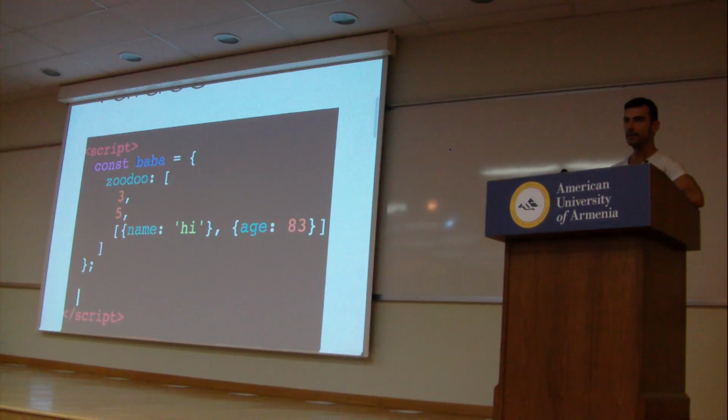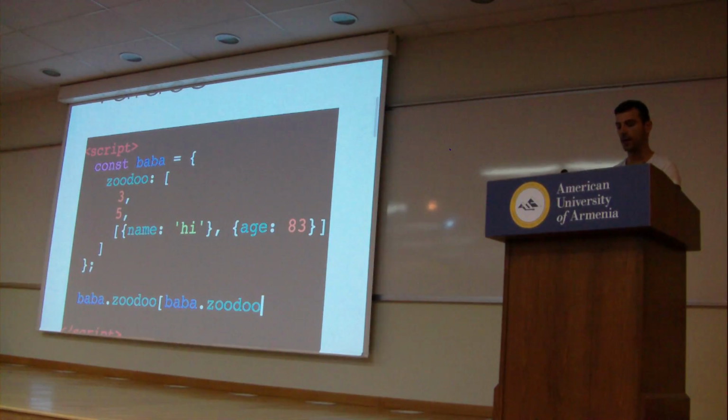Okay. So, first question. How do I add a value to the end of zudo? Let me say it again. I want to add a value to the end of this array. Right. So I need to do baba dot zudo, and the length, right?